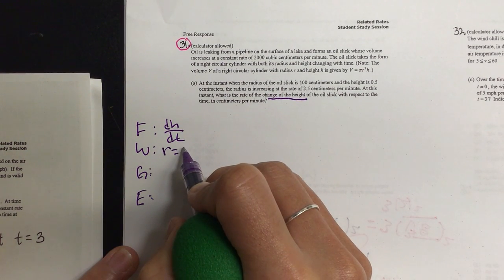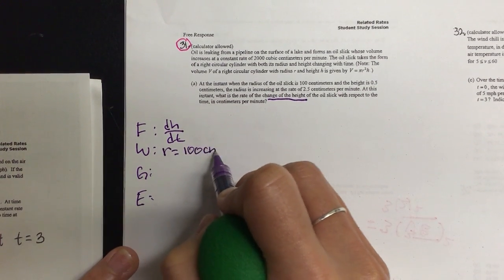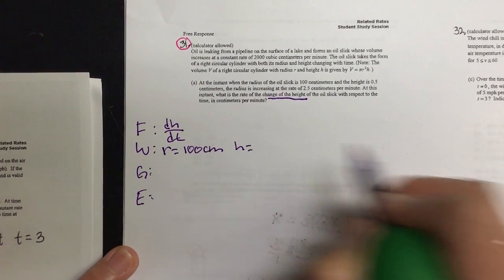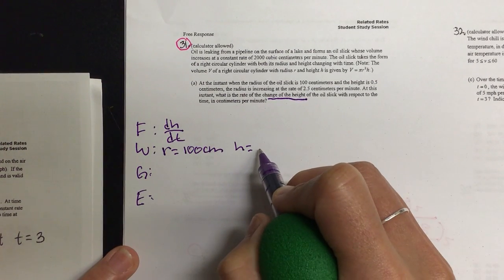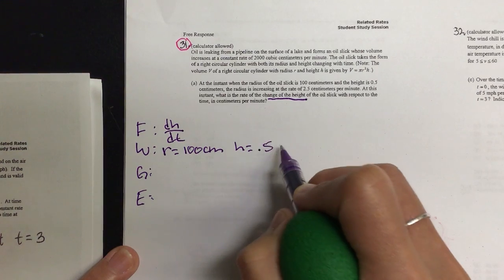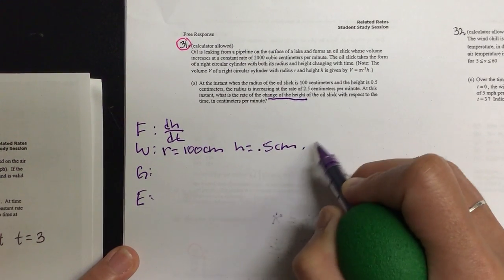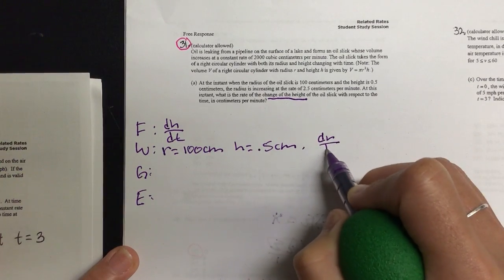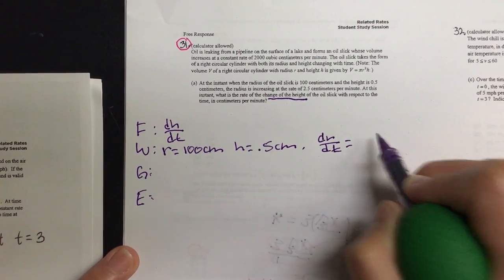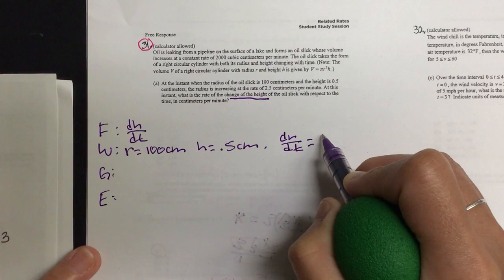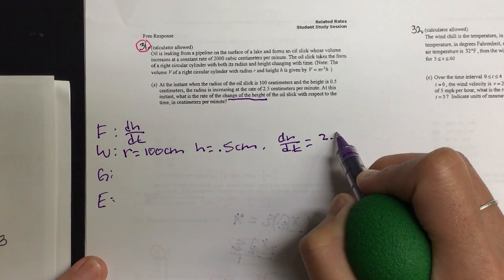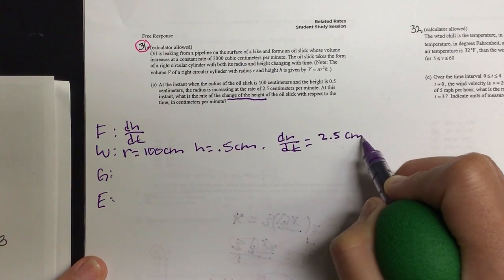Yeah, how many? 100 centimeters. Is the height given to us? Yeah, how many? 0.5 centimeters. And then the other information that's given to us is the rate of the radius with respect to time. And that was how much? 2.5, and that was centimeters per minute.